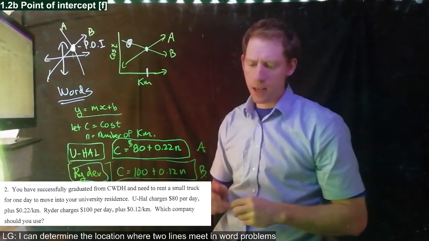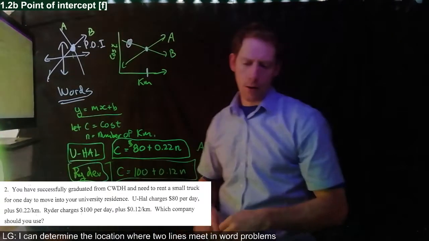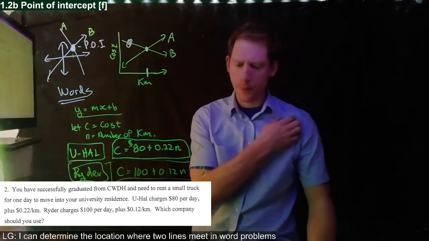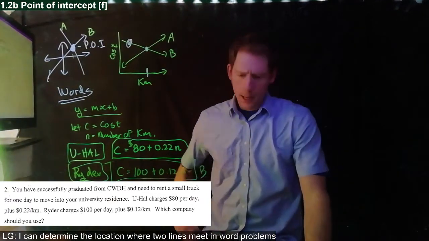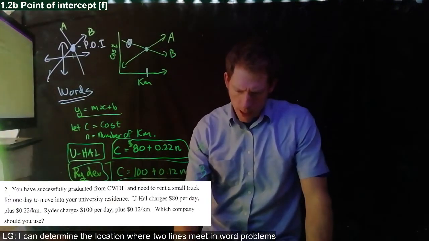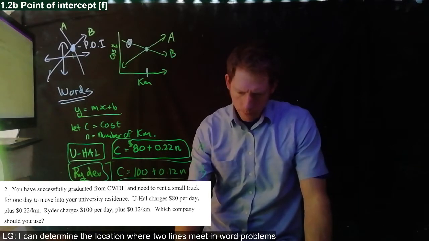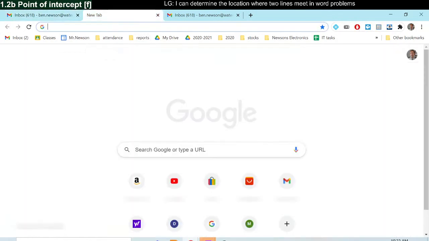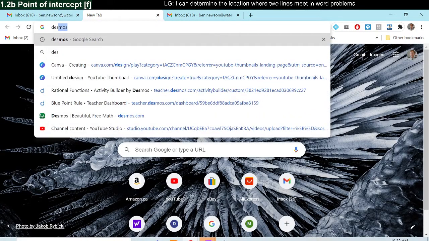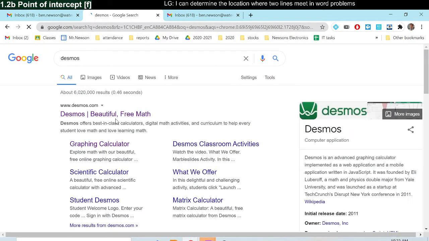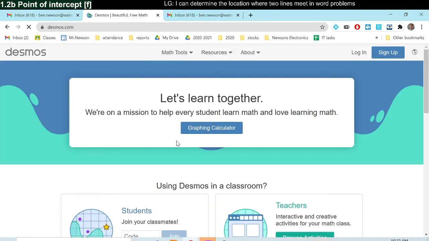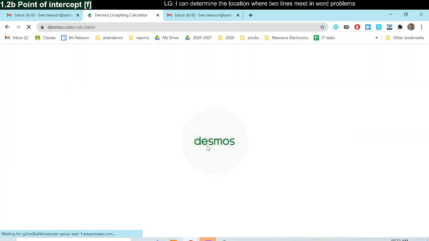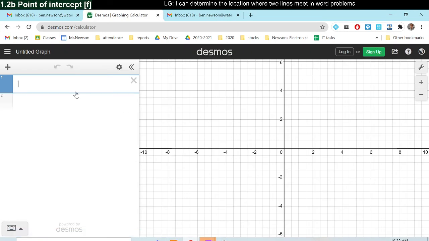There are several ways that you can graph. We can use technology, so I'm just going to use technology. Let's have a try. Okay, so if we go into Desmos, and we can put in those two equations.